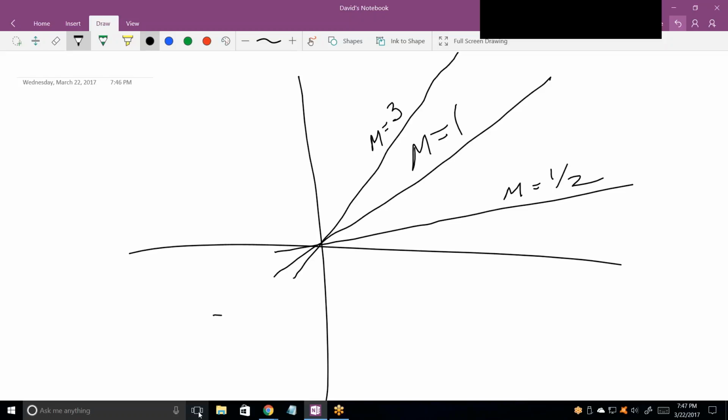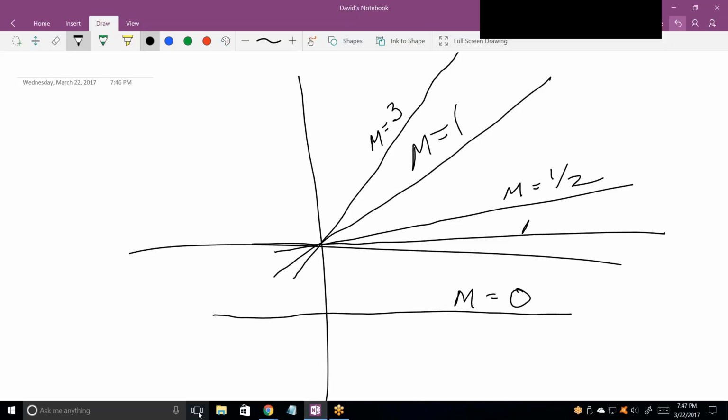What's the slope of a horizontal line? Well, it's wherever it's passing through, right? 0. Notice what these slopes do. As they go from steep to medium to flat to flatter, that's maybe 1/10. Well, when they finally reach horizontal, it's 0.